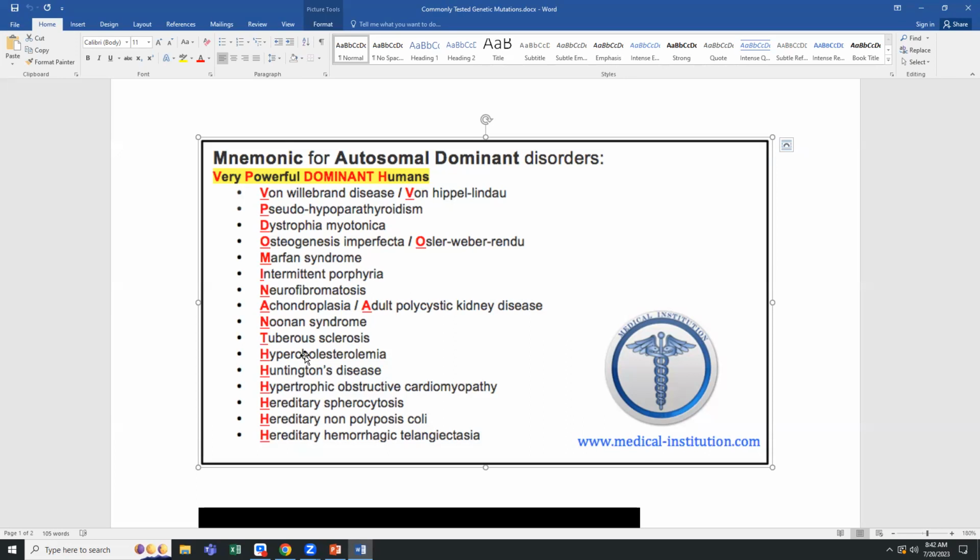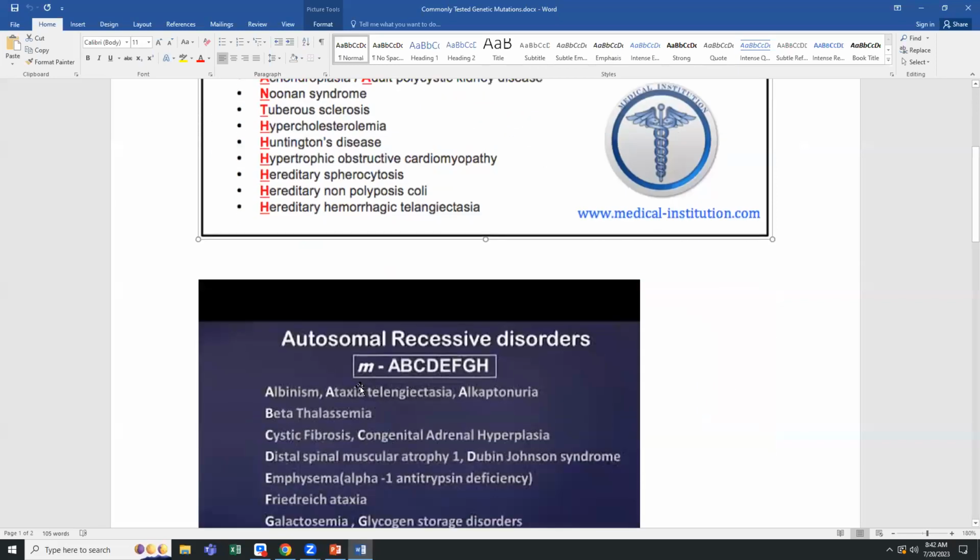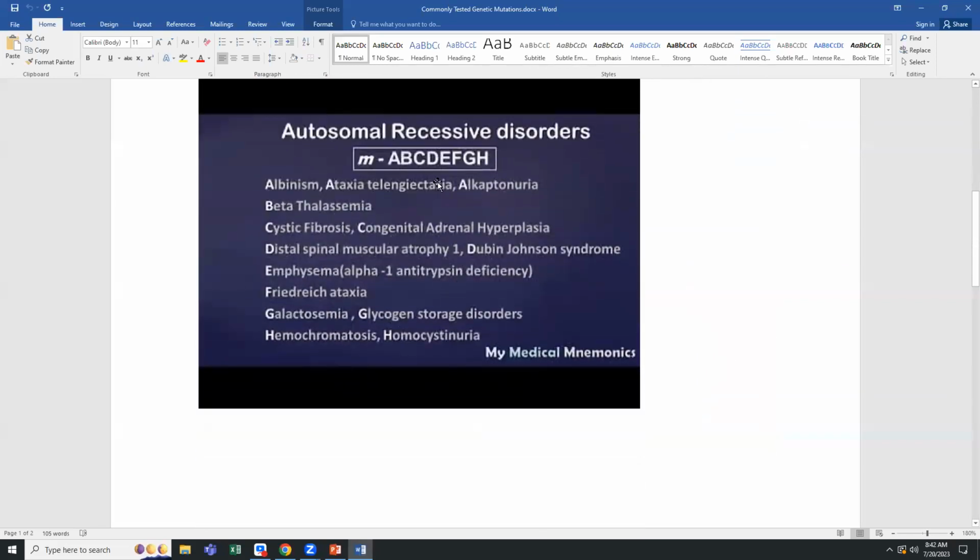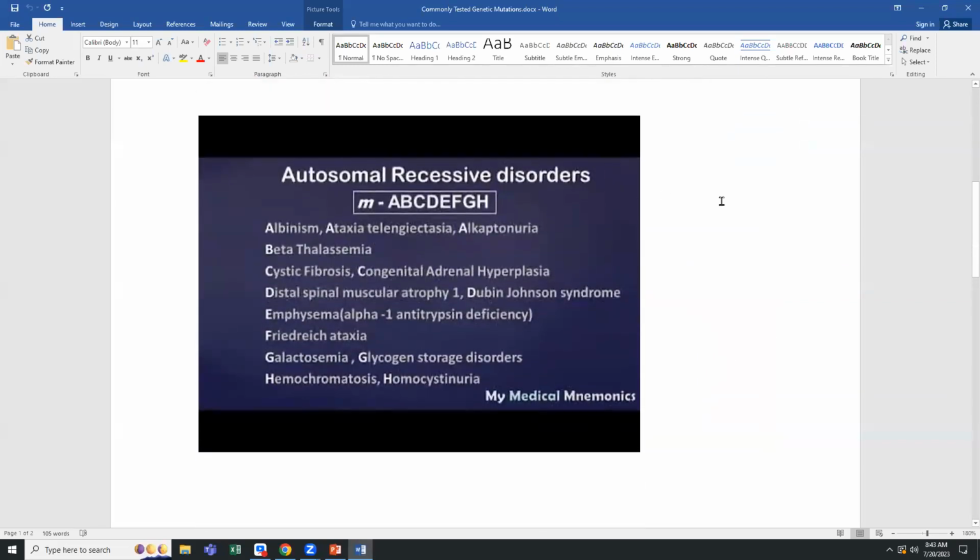Okay. Our autosomal recessive disorders, this is your A, B, C, D, E, F, G, H. So of the ones here, albinism and ataxia are important. Beta thalassemia, that's your B. Cystic fibrosis, if you can remember congenital adrenal hyperplasia, great, but I'd know cystic fibrosis for sure.